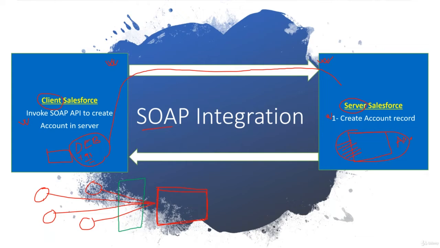Now if any partner wants to create a lead in your system, they can simply call your integration code, or they can integrate their systems to your system. They can pass the lead information through your integration class or integration layer to create the lead here.